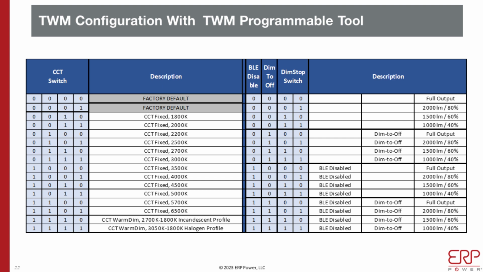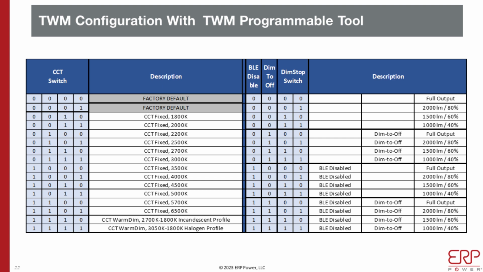So remember I was talking about the fixed CCTs. You can program any of the fixed CCTs, and then the warm dim at the left hand side at the bottom, so you can select which one of the warm dim profiles you want. And then on the right hand side, you can select if you want the full 100%, 80%, 60%, 40%, or again with the same intensity variations along with dim to off, or along with the DLE enabled or disabled.